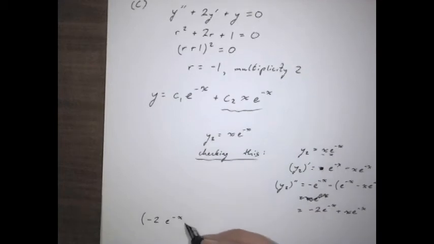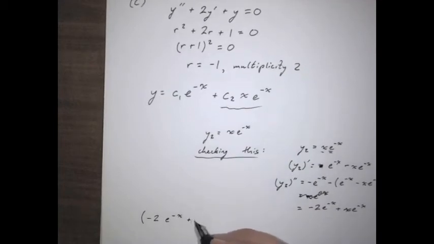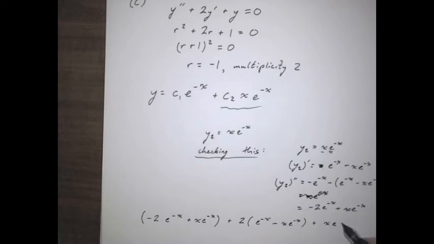So negative 2 e to the negative x plus x e to the negative x, plus 2 times e to the negative x minus x e to the negative x, plus x e to the negative x.